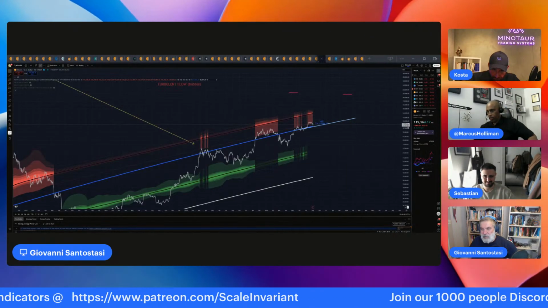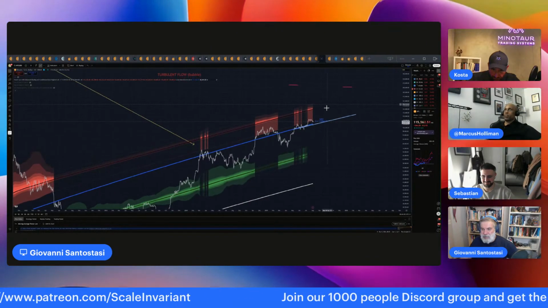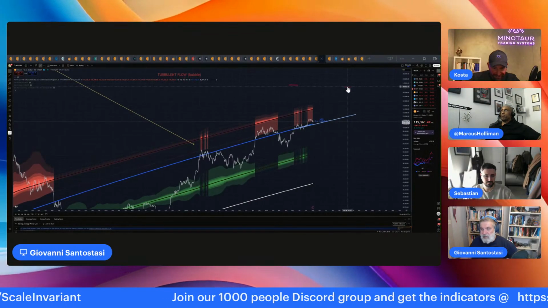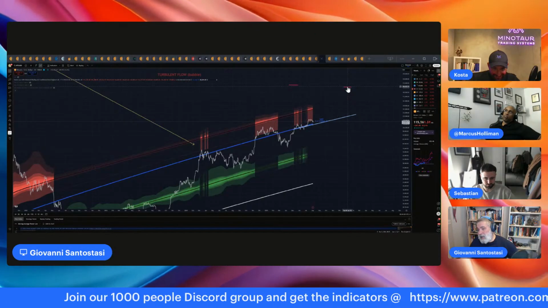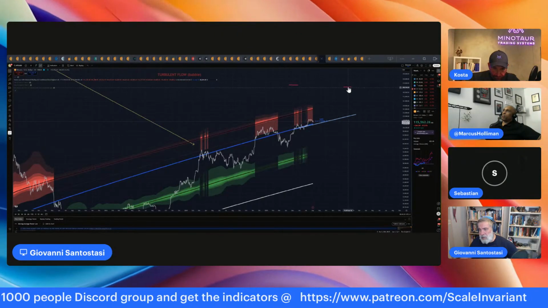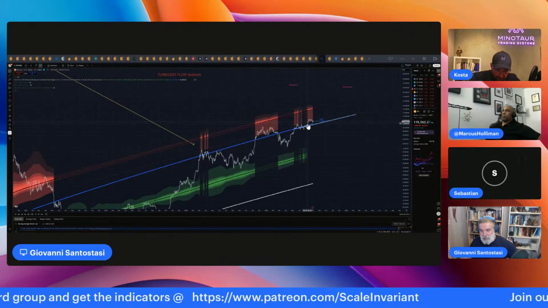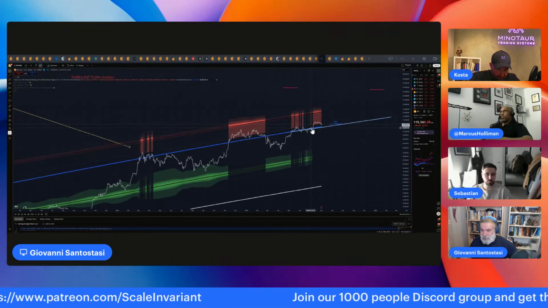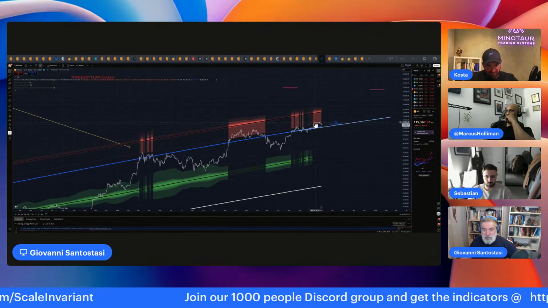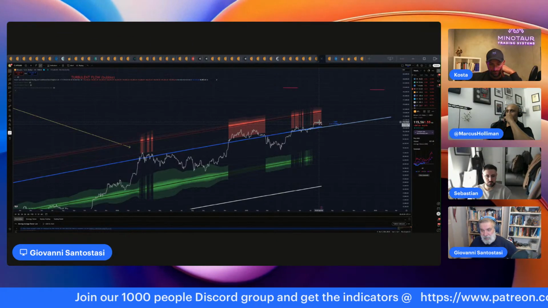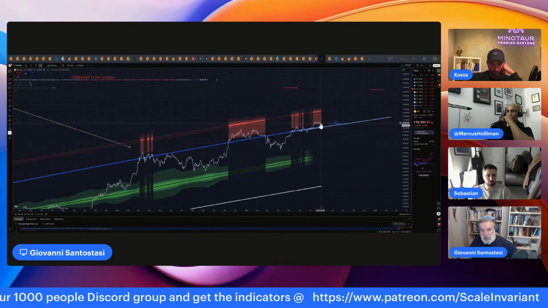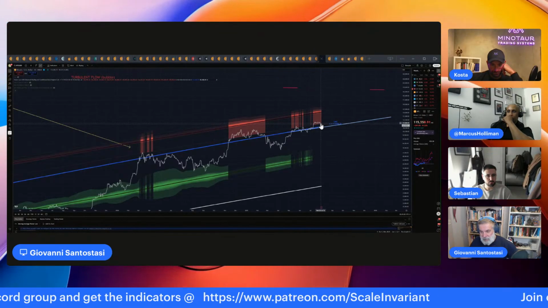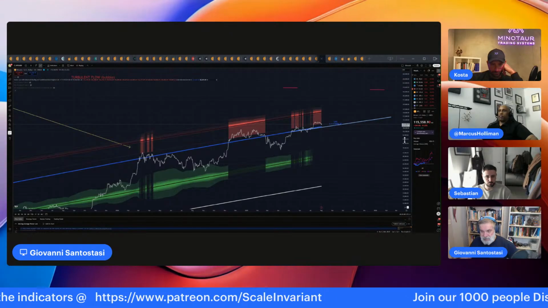Many people make predictions based on vibes, but if everything repeated as in the past, we are supposed to go towards 200. This seemed a very good sign that we are moving in that direction, and now we are simply coasting again along the power law, and we had this recent correction.